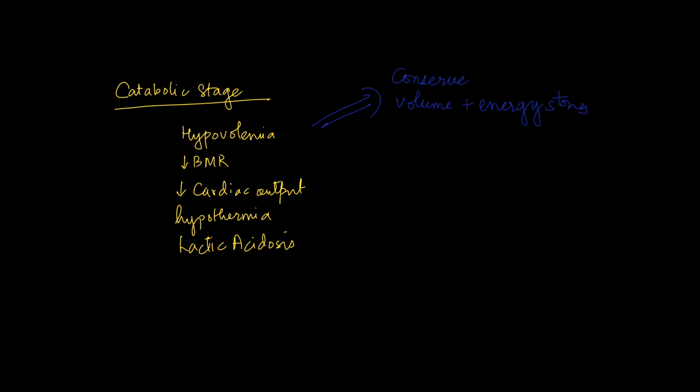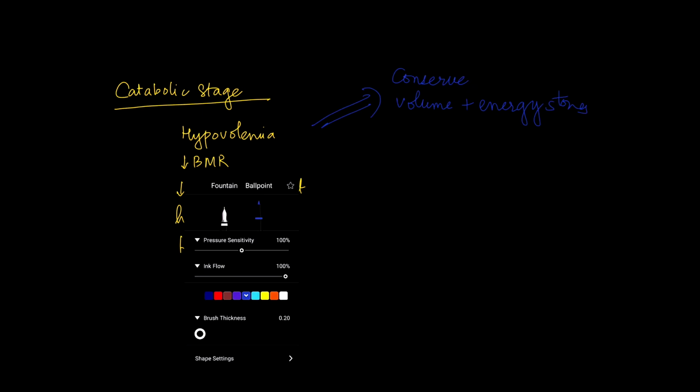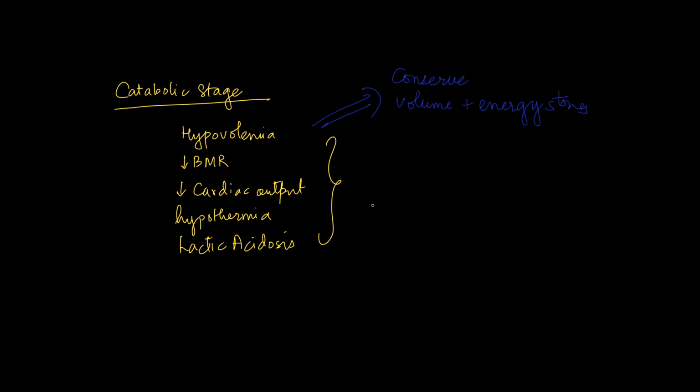So it prepares the body following a trauma or an injury for survival or for recovery in the future. This catabolic stage is then followed by a stage of hypermetabolism, where there is muscle breakdown, weight loss, hyperglycemia, which we will see in a little more detail further on.